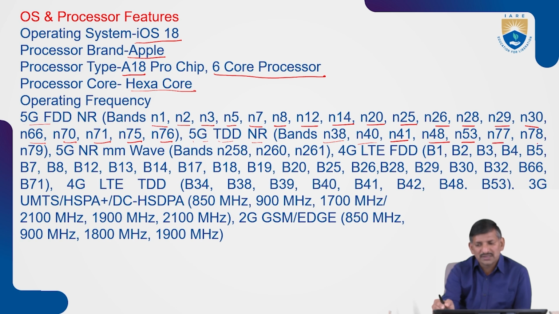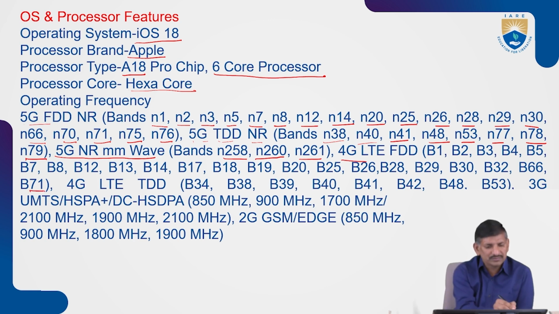53, 77, 78, 79. Coming to the 5G NR mmWave bands, band N258, N260, N261. At the same time, 4G bands B1 to B71.